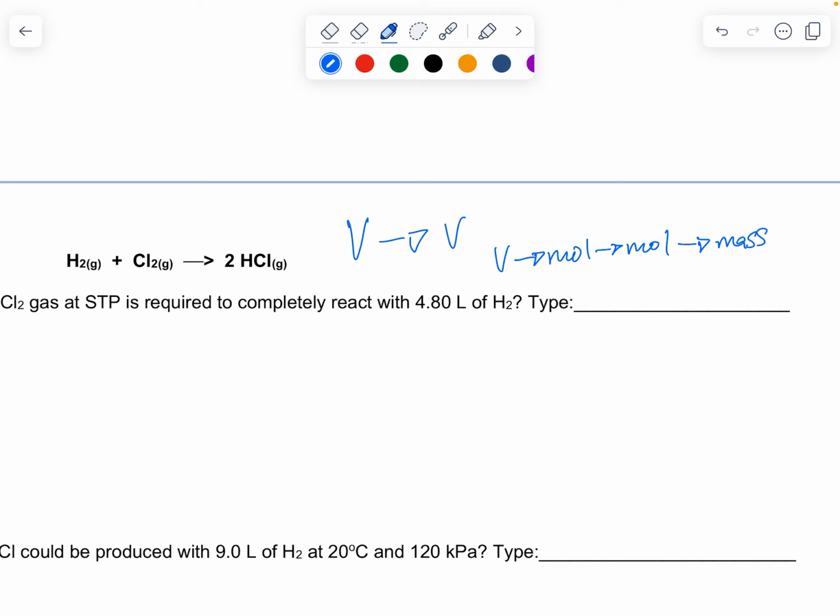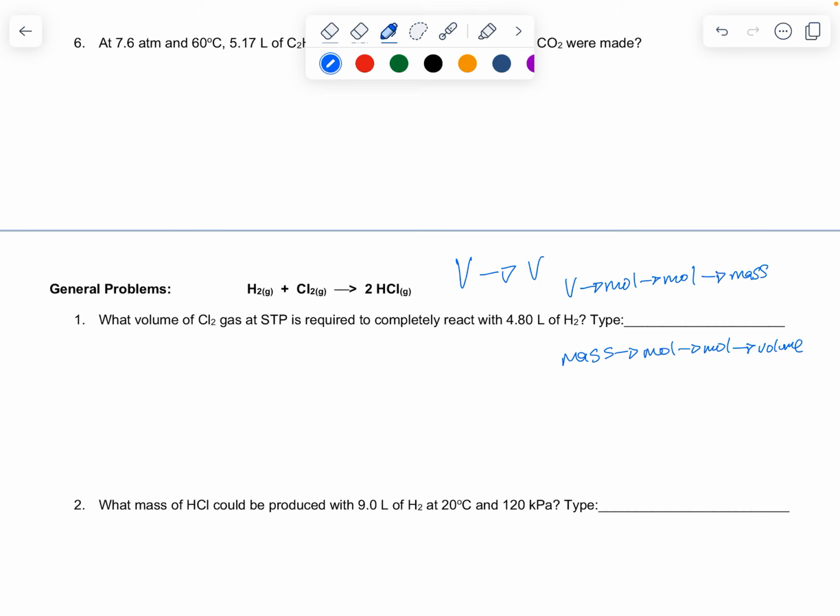And then on the last video would be kind of the opposite of that, just mass to moles to volume. So it's a bunch of different types of problems, but these general problems are all questions that you've seen on this worksheet already.